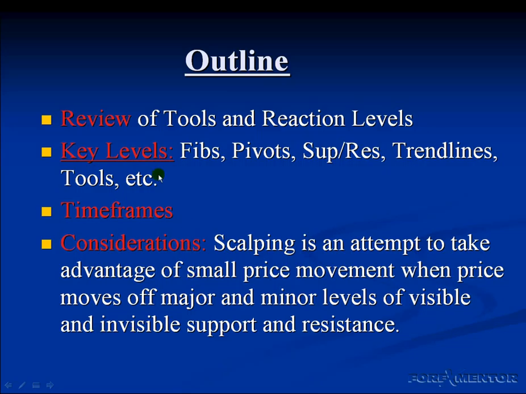Invisible meaning, for example, support and resistance are visible levels because those are levels at which the market has previously traded. Fibonacci levels, pivot levels, and so forth are invisible levels which we establish and determine to be a level of support or resistance that we will consider when making our trades.